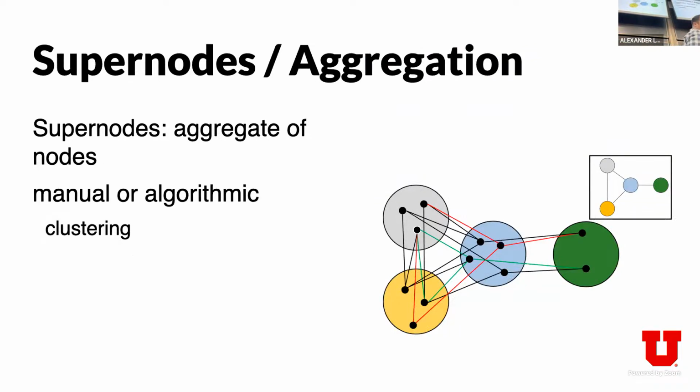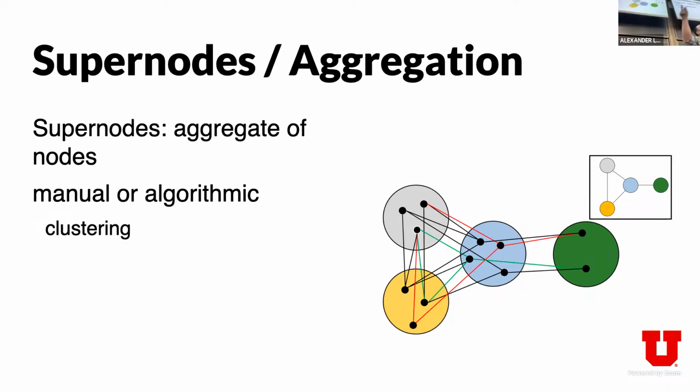A super important concept if you want to deal with large networks are supernodes or aggregation, right? Sometimes you can aggregate many different nodes into one supernode that can stand in for all of the other nodes. You could do this by category. For example, if we wanted to study how the CS department interacts with other departments, we could group all of the people in the CS department into one supernode, take all of their connections to the biomedical informatics department and aggregate the biomedical informatics department.